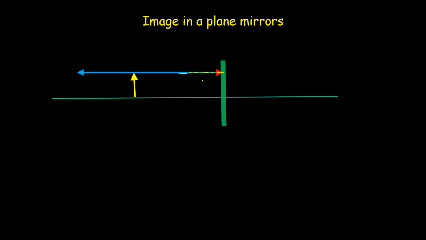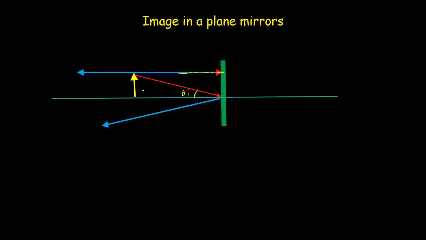For finding the image, we need 2 incident rays. For the second incident ray, we shine a light at the pole of the mirror, and you see the normal is this line, and the angle of incidence is theta I. So we need to draw the reflected ray so that the angle of reflection is equal to the angle of incidence. So this is the reflected ray.